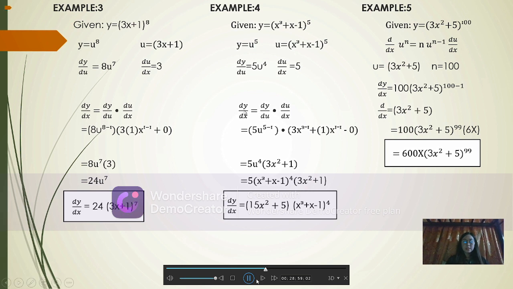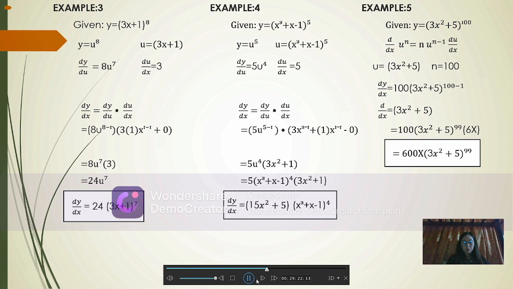Then, apply ulit natin yung dy over dx is equal to dy over du times ulit natin siya sa du over dx. So, equals siya sa 5u then to the 5th power minus 1 ulit natin siya kasi yung exponent natin is yung n, minus natin siya sa 1.